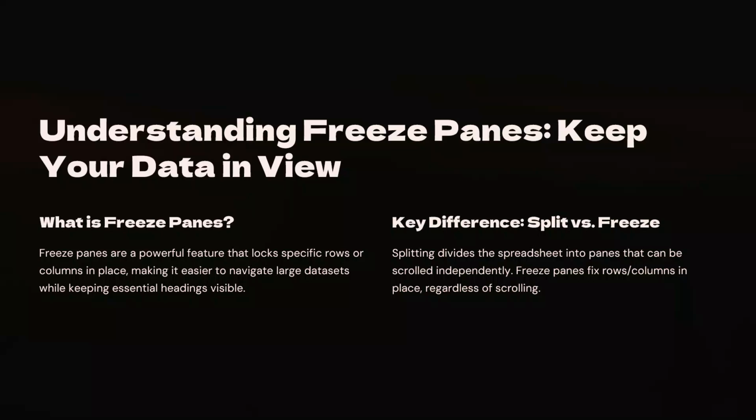We have a tool in Excel which can lock those headings, specifically row 1 or row 2, and provide the headings that carry the meaning of what is inside the column or cell. So that is the definition.